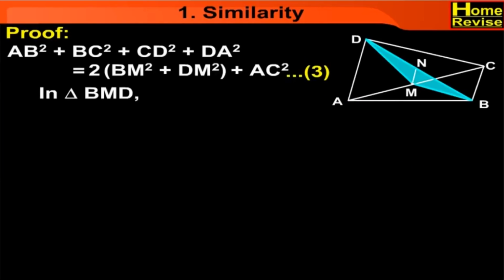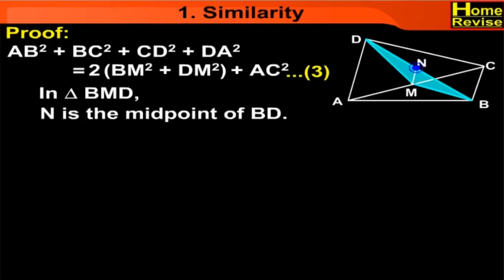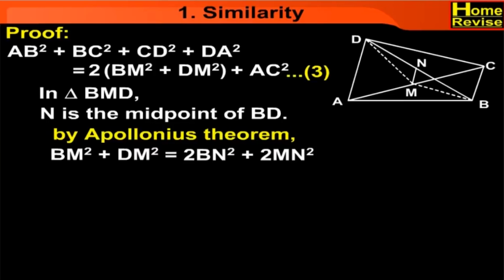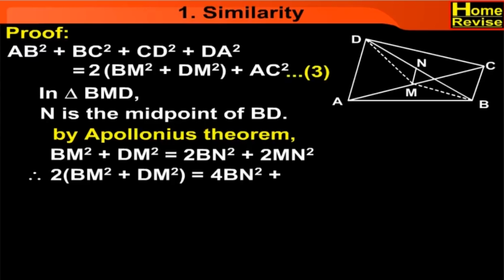In triangle BMD, N is the midpoint of BD. By Apollonius theorem, BM square plus DM square is equal to 2BN square plus 2MN square. Therefore, multiplying by 2 on both sides, we get 2 into bracket BM square plus DM square bracket closed is equal to 4BN square plus 4MN square.